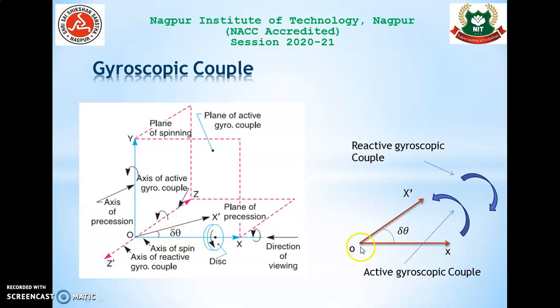So if the axis is changing its position from OX to OX dash with some angle del theta after applying force, this will generate some couple or a moment. The moment generated by this is called the active gyroscopic couple, and according to Newton's third law, for every action there is an equal and opposite reaction. So, opposite to this active gyroscopic couple, a reactive gyroscopic couple will be produced.